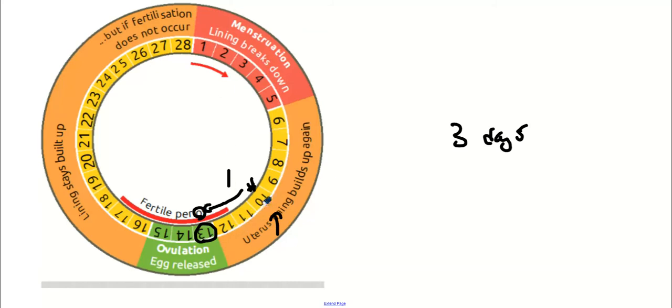Okay, so if you aren't planning to have children, it's important to keep that in mind. Basically, the egg then travels down the fallopian tube, and the fertile period is from days 12 to 17. After this, fertilization of the egg is rare, but it has happened.